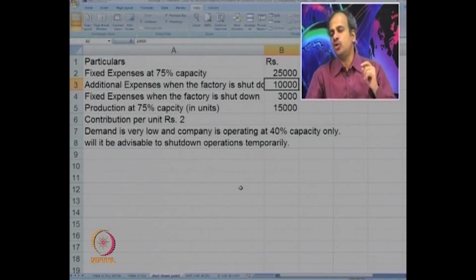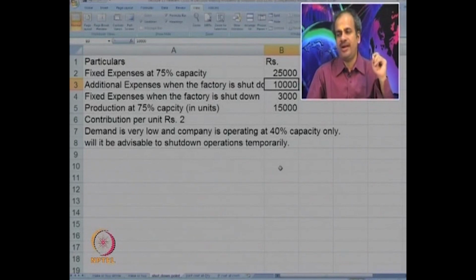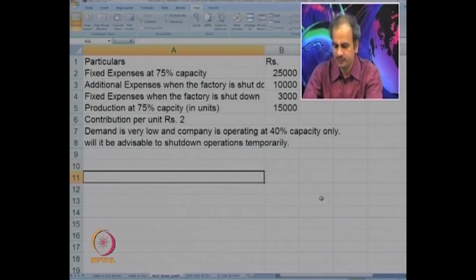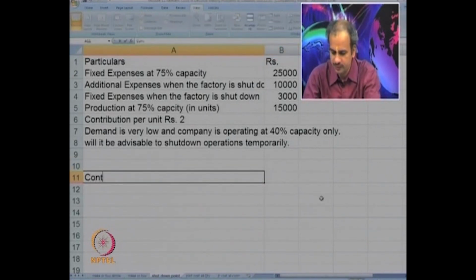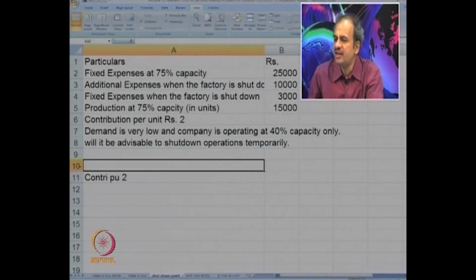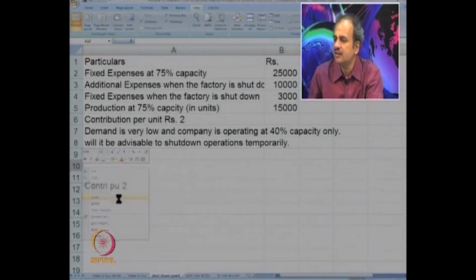Let us first try to look at the profitability in case we continue to operate. So now you know that the contribution per unit is 2 rupees. Now let us look at what happens at different levels of activities.